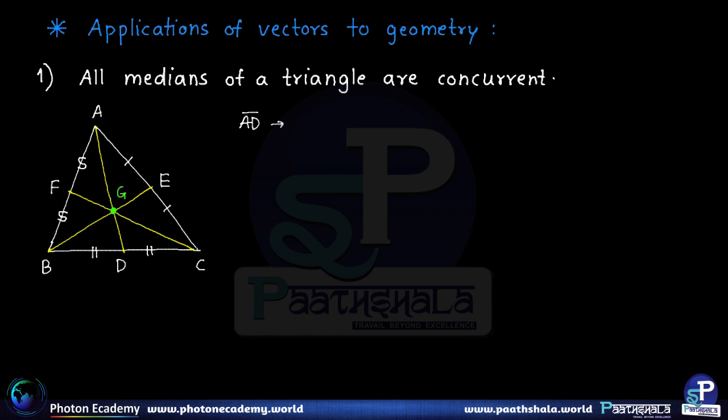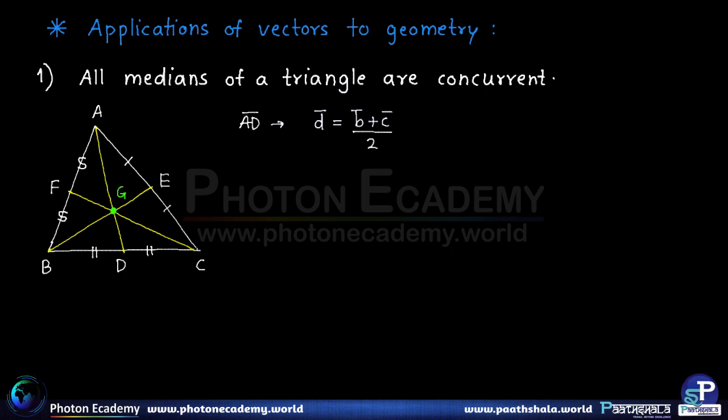Now here, since D is the midpoint of side BC, by the midpoint formula we can write that D bar must be equal to (B bar plus C bar) upon 2. So that gives us 2 times D bar is equal to B bar plus C bar. Now at this step we use one important trick.